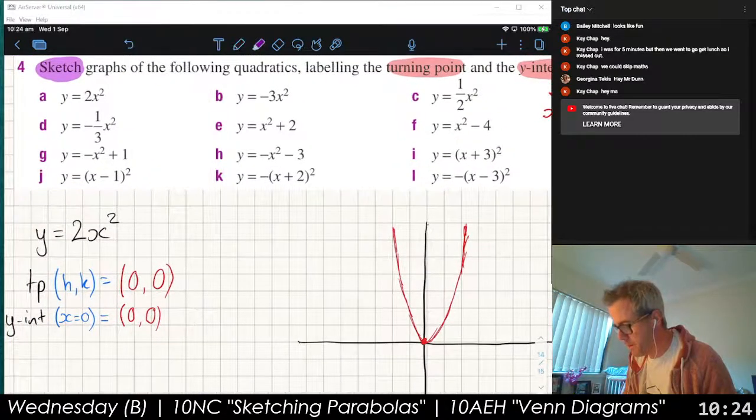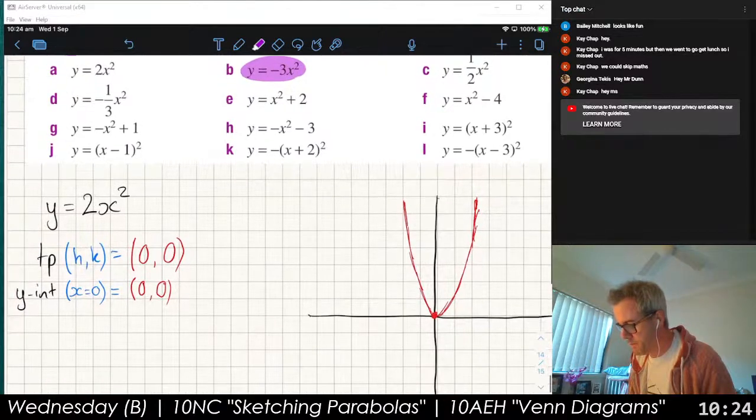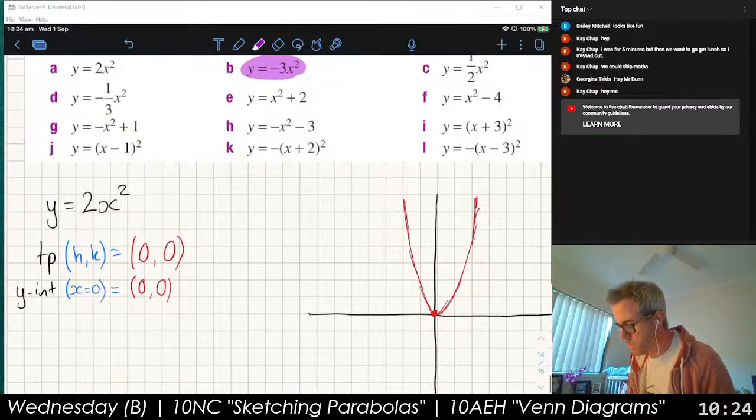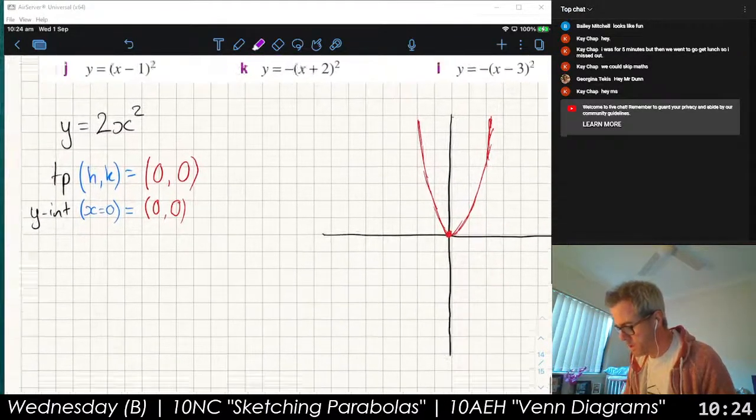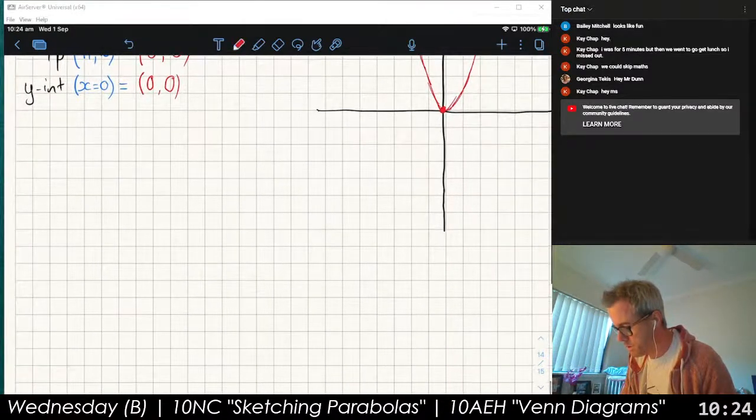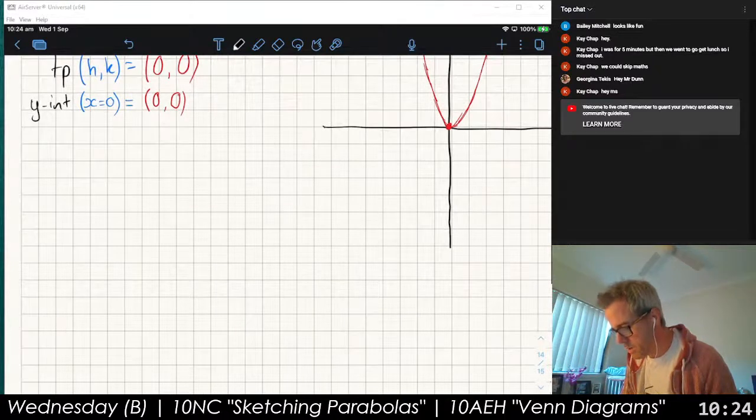Let's tackle B, because B has something a little bit weird about it. Y is equal to negative 3x squared. I'll do this one down here. Y is equal to negative 3x squared.